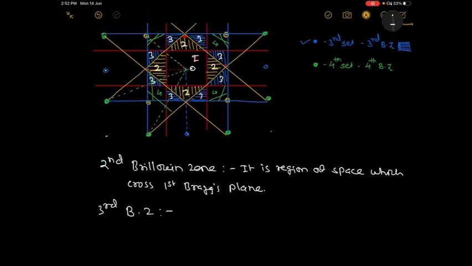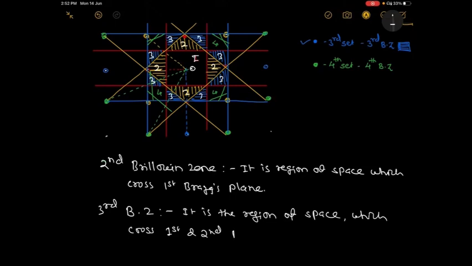How do we define it? It is the region of space which crosses the first and second Bragg's planes.